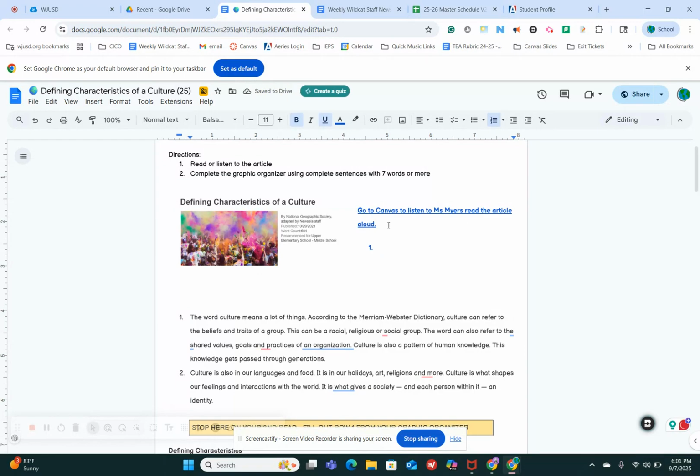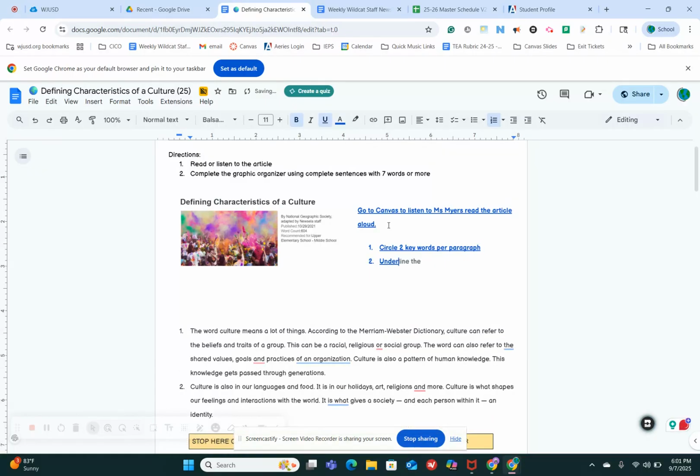As we mark, you are going to circle 2 keywords per paragraph, and you are going to underline the main idea of each paragraph. Okay? So these are going to be your marking the text directions. Circle 2 keywords for each paragraph, underline the main idea. Hopefully you're getting into the habit so that this is happening every time we do a reading.